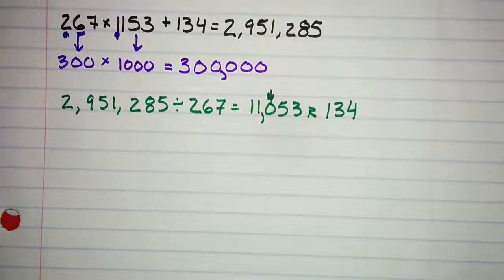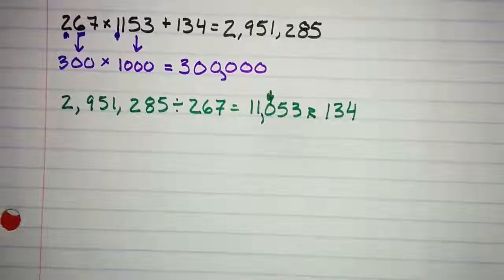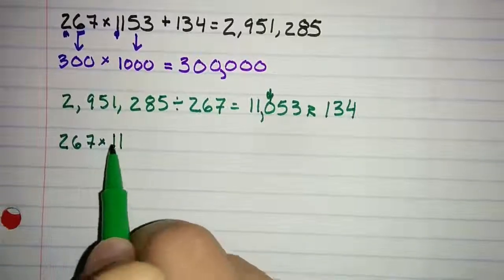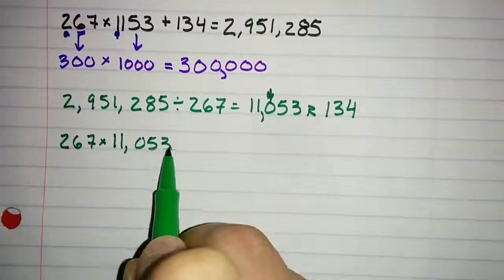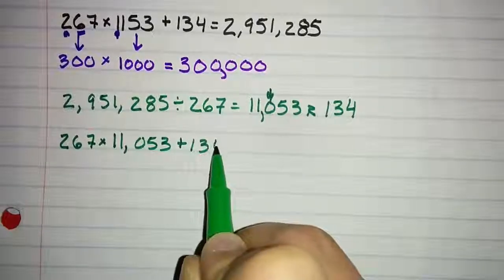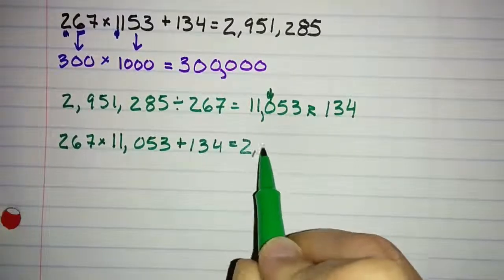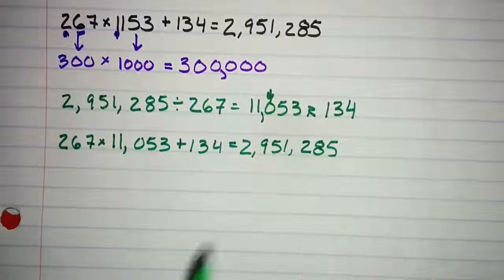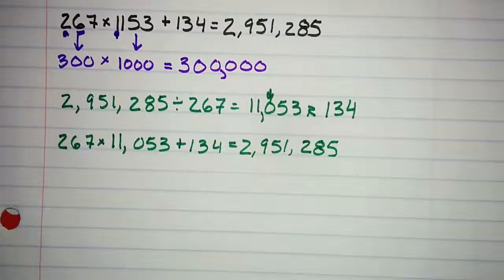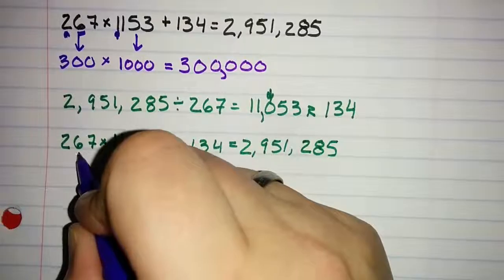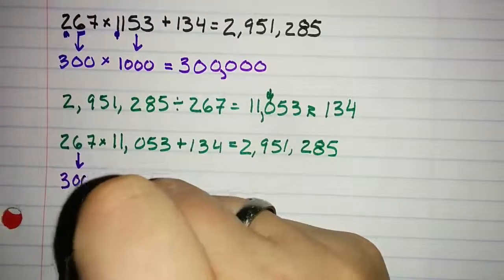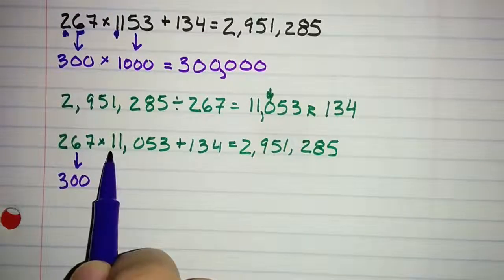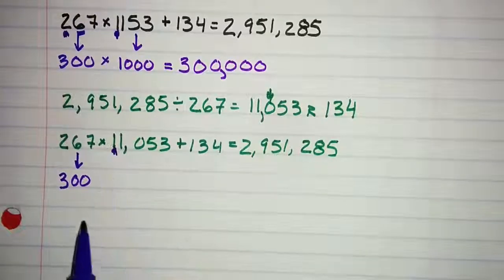Let's check that again. Rewriting this as a sentence with multiplication and addition, we'll say 267 times 11,053 plus 134 is 2,951,285. And now again we can estimate this product. 267 will still round to 300. 11,053, this is between 10,000 and 20,000.